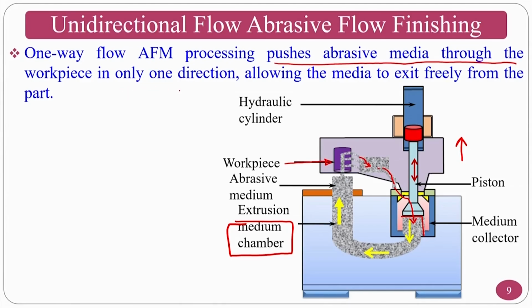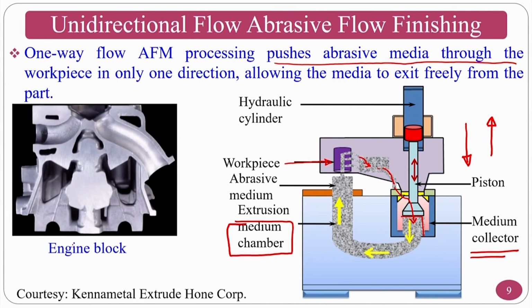That's why it is called the one-way or unidirectional finishing process. It is not pushing when it retraces the path backwards; it just goes back to allow the medium that was extruded from the workpiece to come into the medium collector.